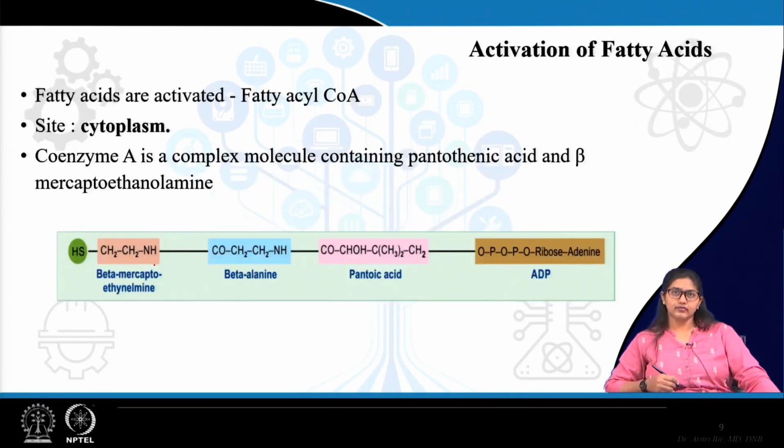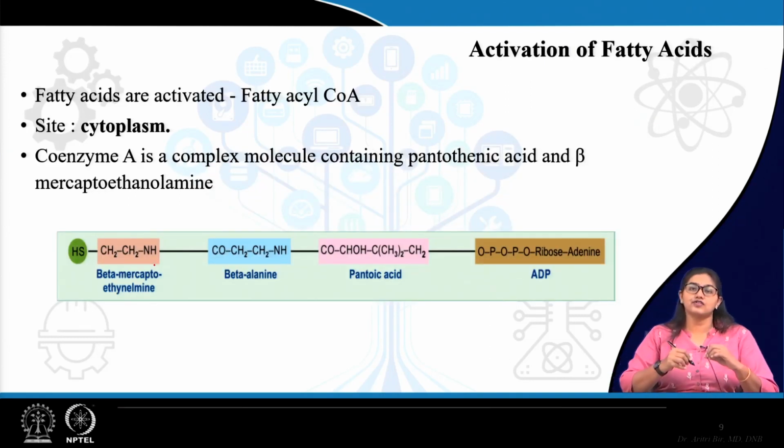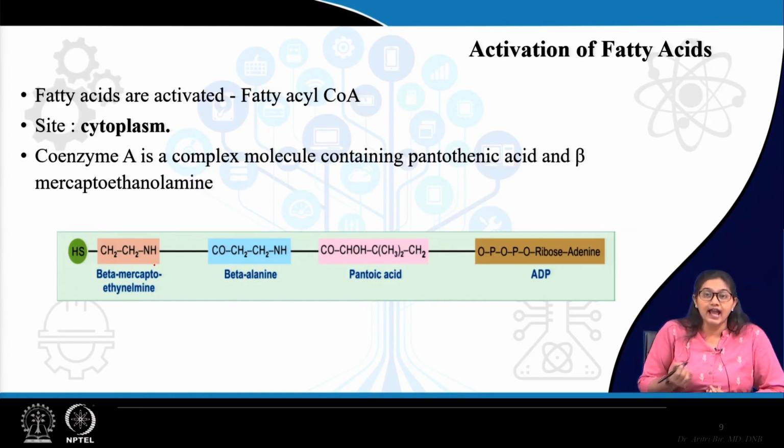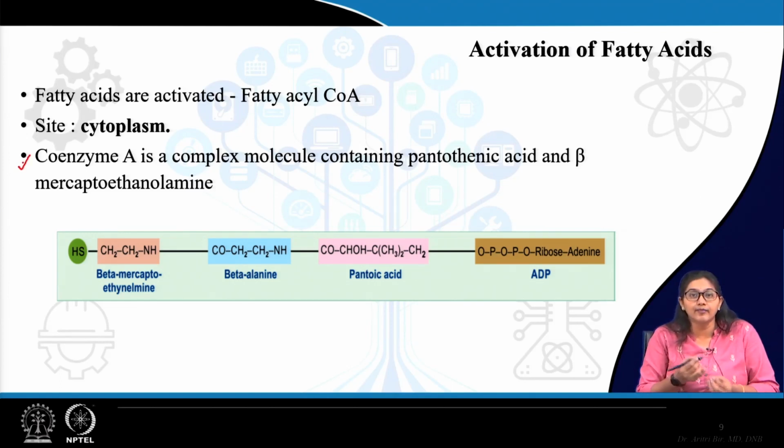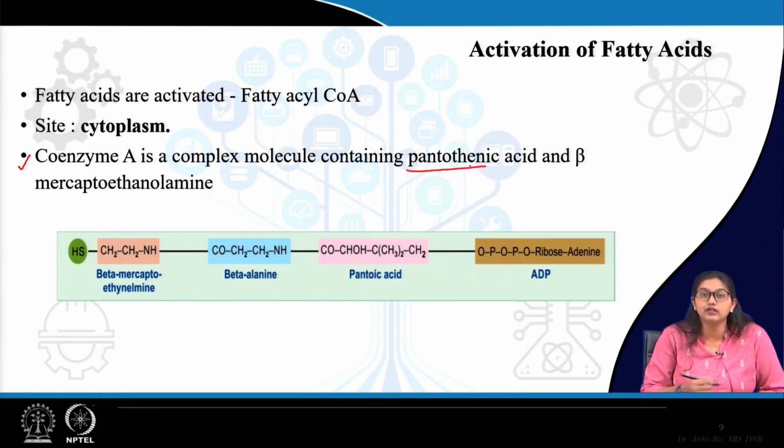Now, for fatty acid oxidation, one very important step is activation of fatty acid. Remember, we discussed activation of glucose by addition of UDP. Similarly, activation of fatty acid occurs via addition of a coenzyme A molecule. Coenzyme A is basically a complex of pantothenic acid and beta mercaptoethanolamine.